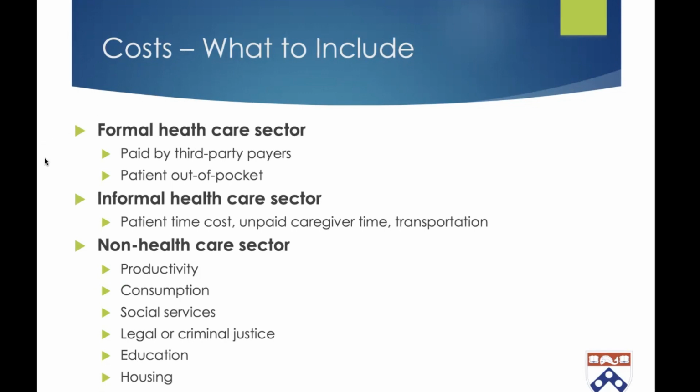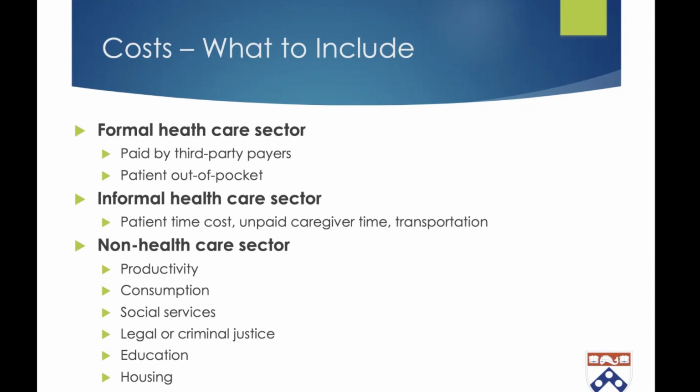Then there's informal healthcare cost: patient time, caregivers, babysitters, transportation, parking, all that are included in the informal healthcare sector costs. And then you have the non-healthcare sector costs. So if you're doing a societal perspective, it picks up all three of these.